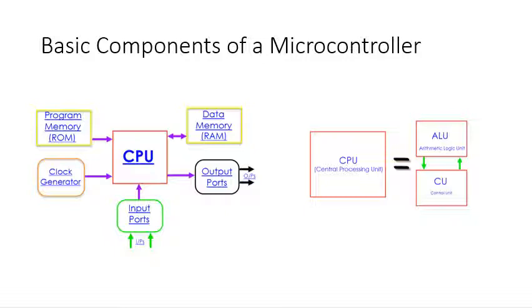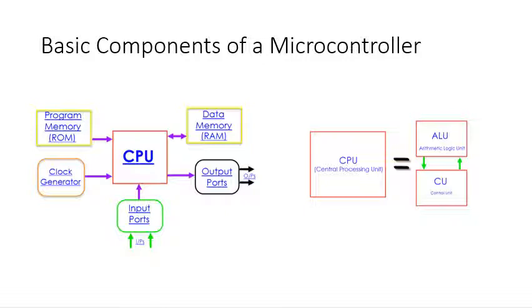Next, program memory. The instructions of the CPU are stored in the program memory. It is usually implemented as read-only, where the program written to it will be retained even when the power is down or the system is reset.